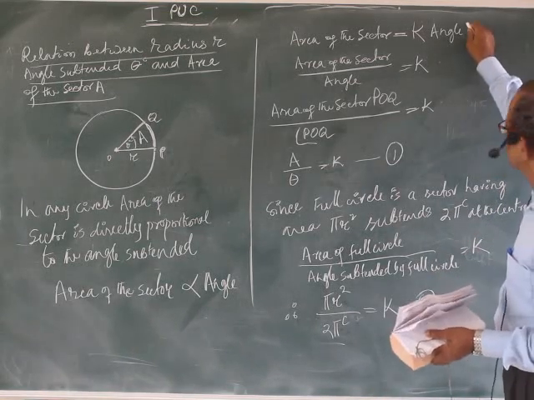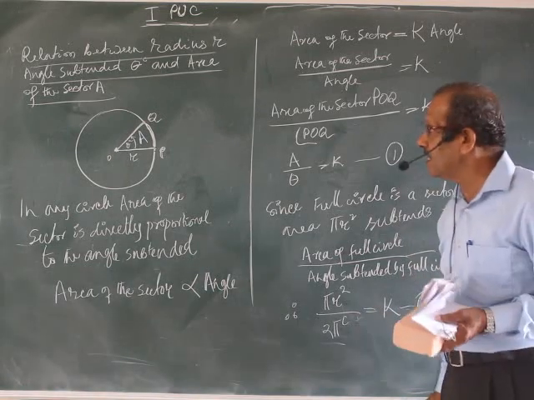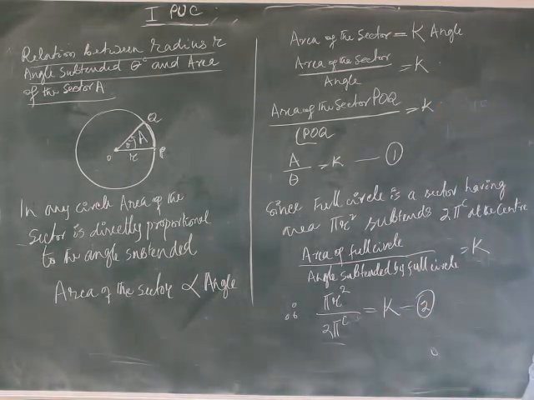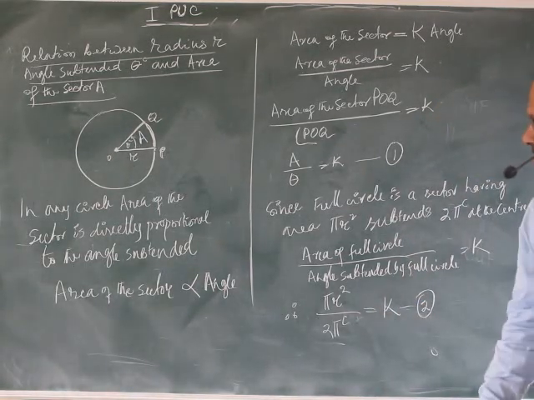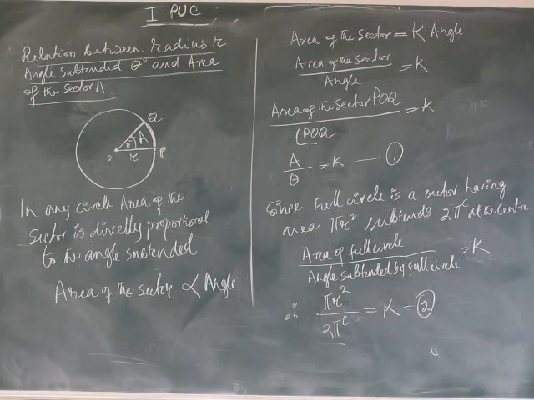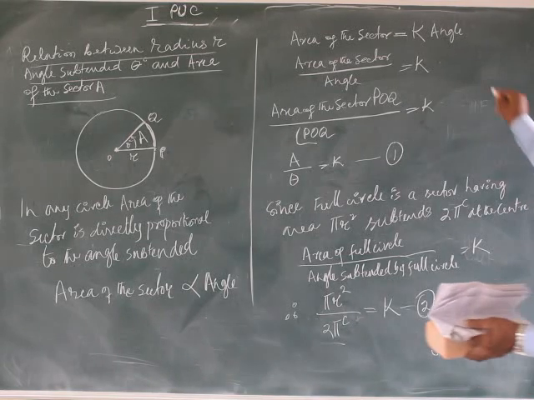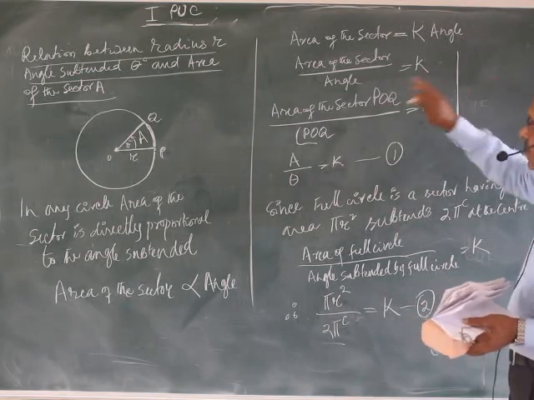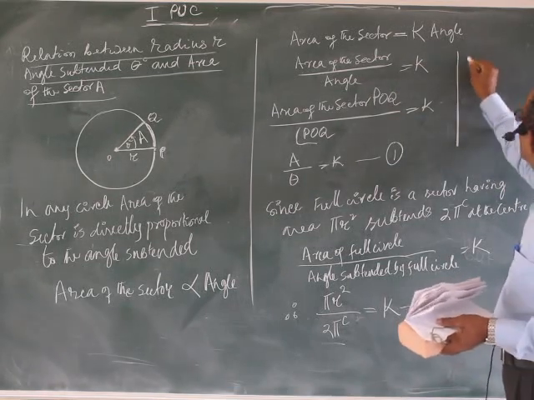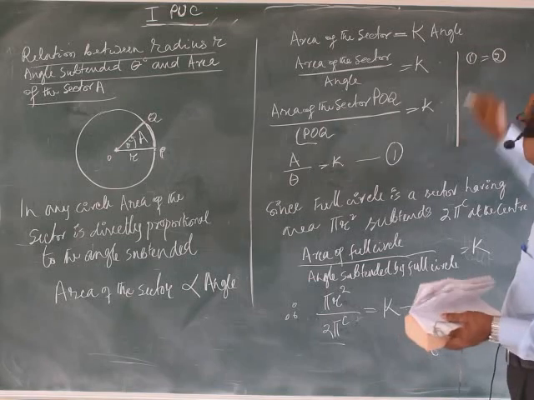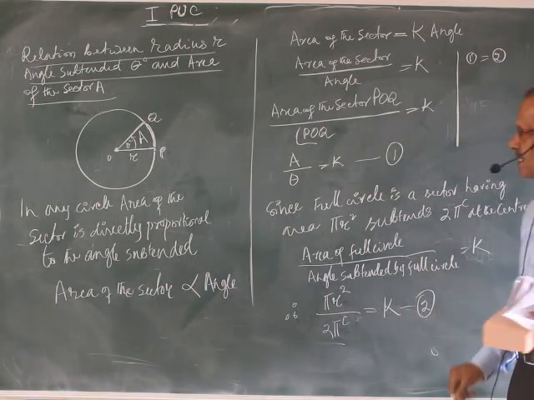Let me write here itself. Before that you write the notes correctly. Instead of erasing this one, 1 is equal to 2 because both are having k on the right hand side.